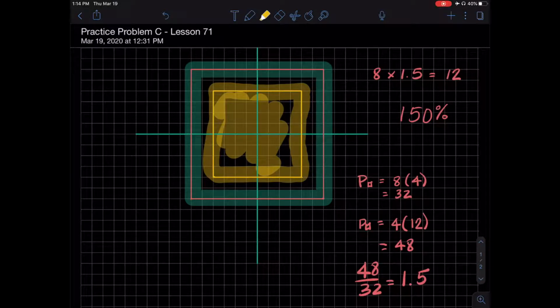And this little square is represented by 100%. Okay, so this big one is comprised of the little one plus the extras.